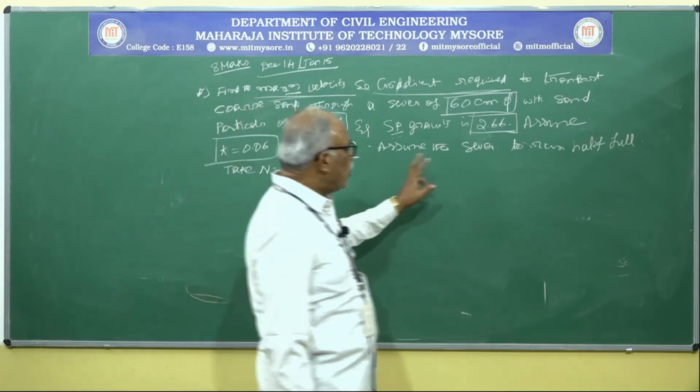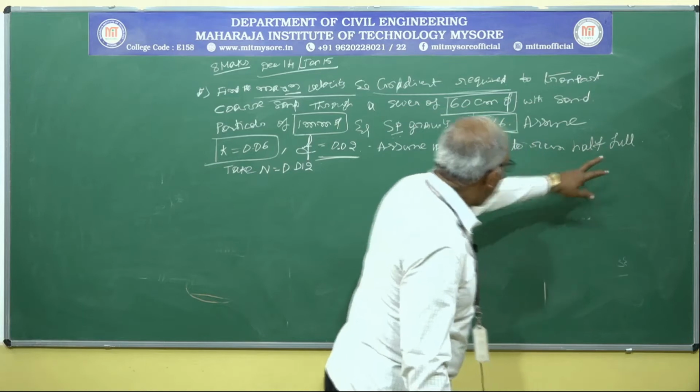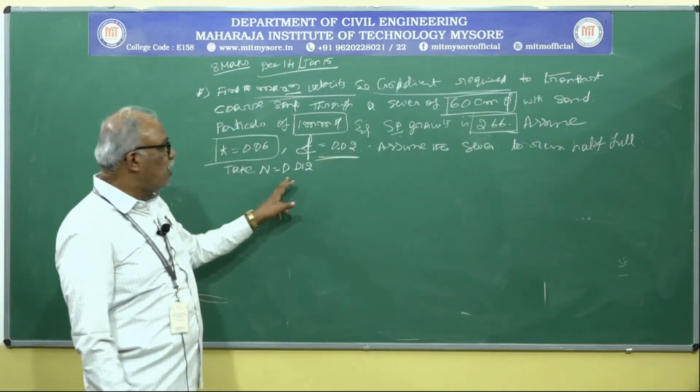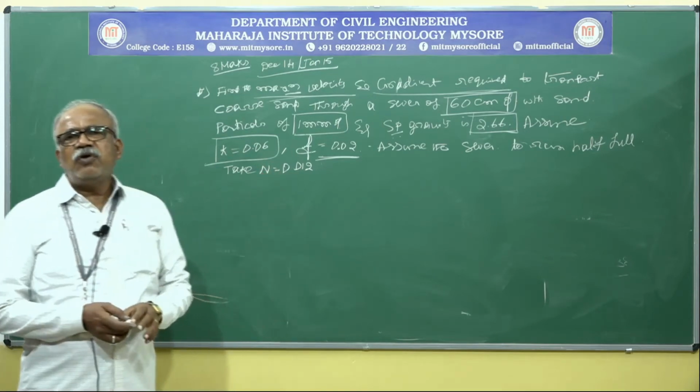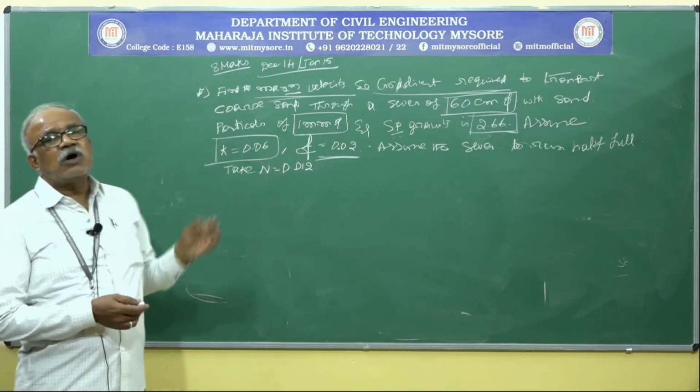Next, assume the sewer to run full. Take the n value as 0.012. So how to start this problem?